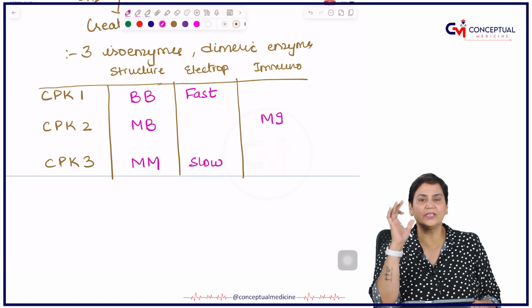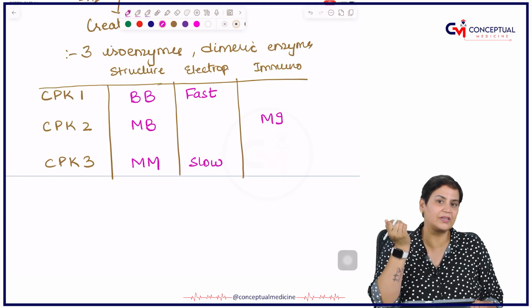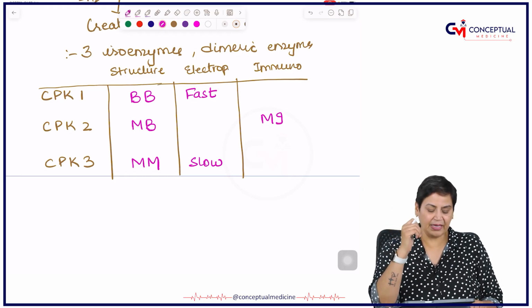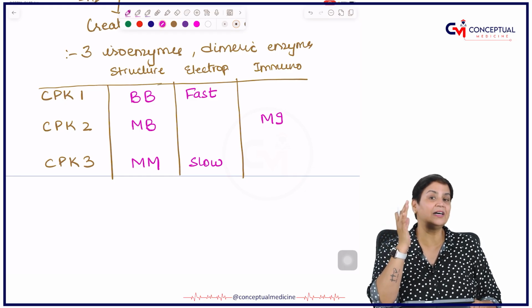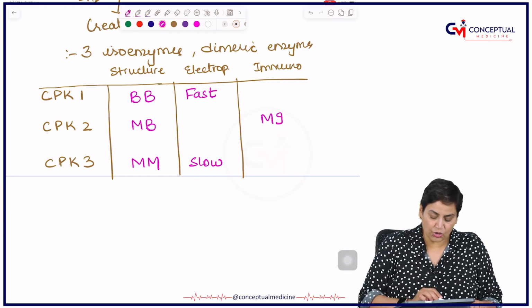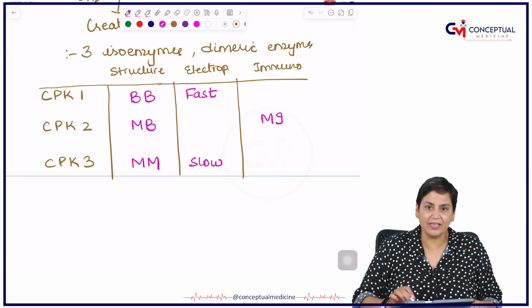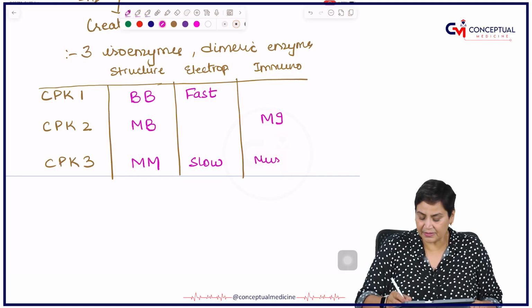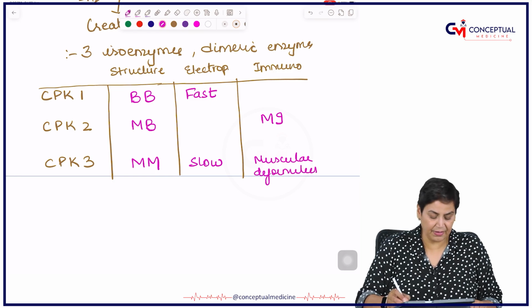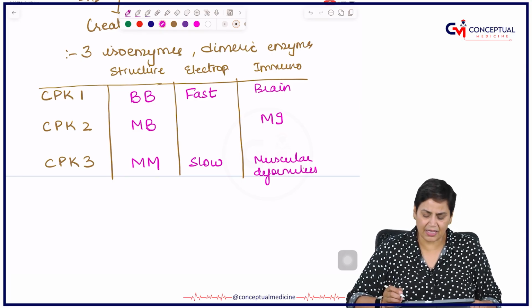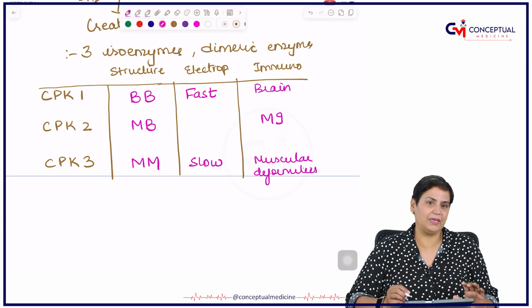And CPK2 is the most sensitive and most reliable indicator in a person suffering from MI. CPK is there, troponin is also there, but CPK is the enzymatic indicator. We all know troponin is a non-enzymatic indicator. So CPK2-MB is the first one to rise in MI. CPK3 is related to skeletal or muscular deformities. And CPK1 rises in anything related to the brain. Ischemia, whatever kind of brain disease is there, CPK1 will rise.